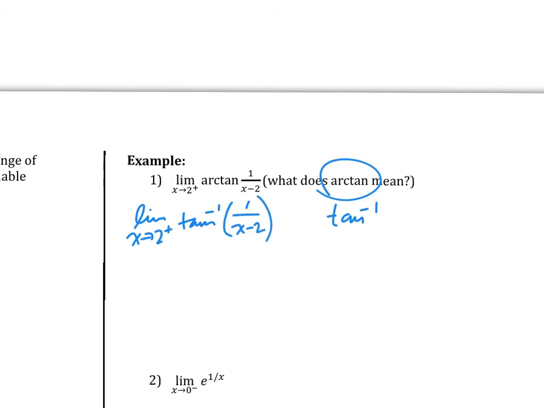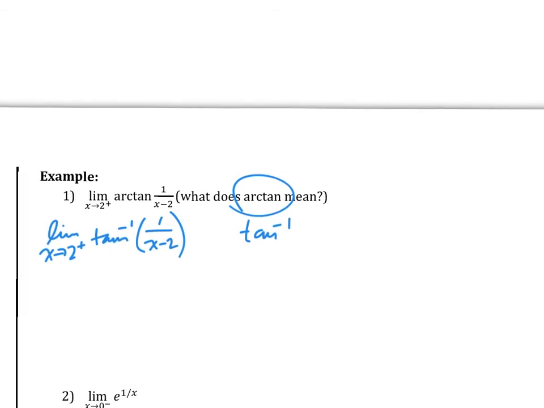Remember, the first thing you want to do is just plug in. If you plug in 2, you're going to get 1 over 0. That's undefined, and so inverse tangent of something undefined is going to be impossible to find. So we want to do something different.